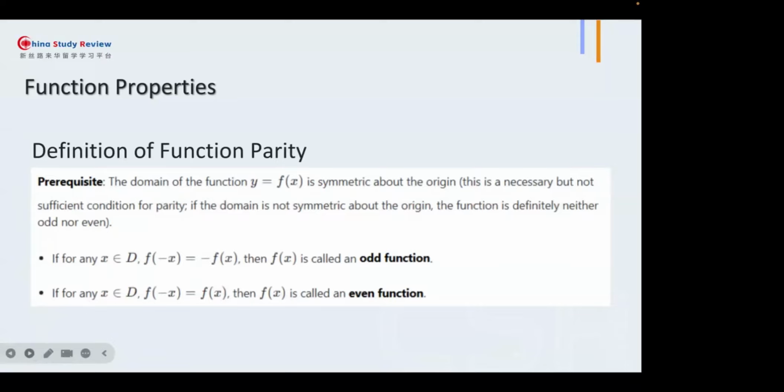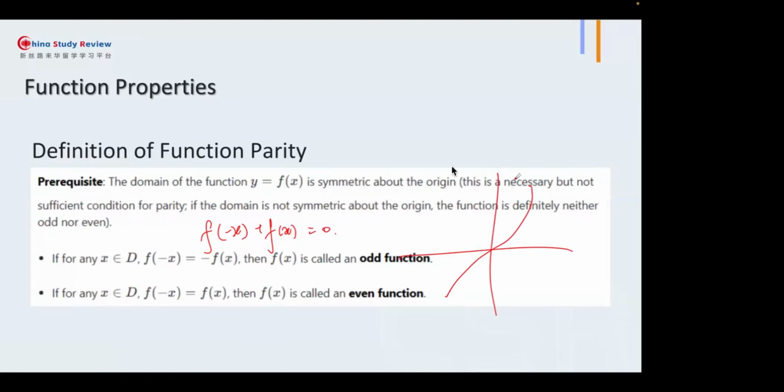And also the definition of function parity. This one is interesting because you could use the parity of a function to determine some specific value of your function. For example, for an odd function, which can also be written in this way. Right? This is 0, 1. But a typical odd function is the cubic of x. For this one, you will have it symmetric around your origin.